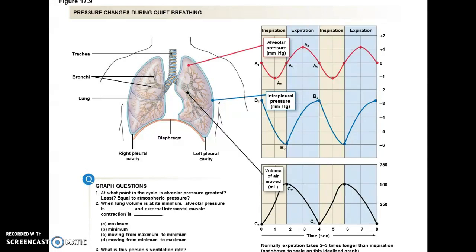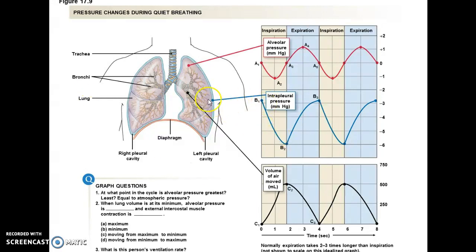It eliminates that negative pressure, and that lack of negative pressure is going to cause your lungs to collapse, because the pressure inside your intrapleural space and the pressure of the atmosphere are going to become equilibrated.